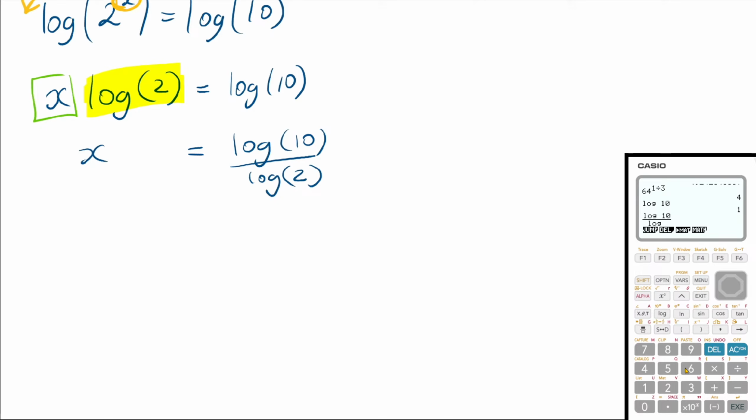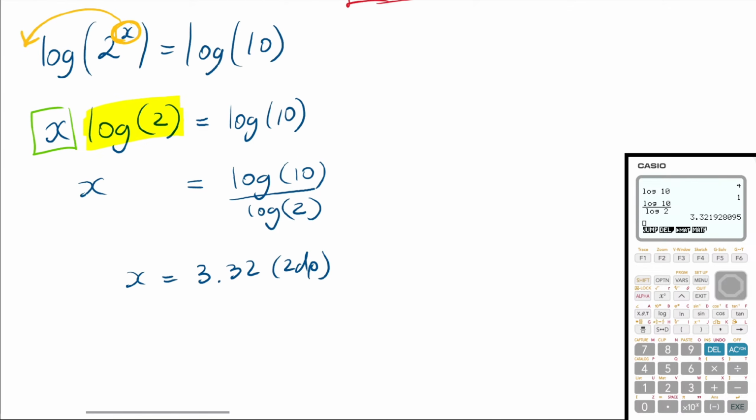There we go. And we're going to press enter, and the answer is going to be 3.32. Two decimal places is usually very good to be rounding to. And that's all you guys got to do, and it doesn't matter what you guys chose for the base.